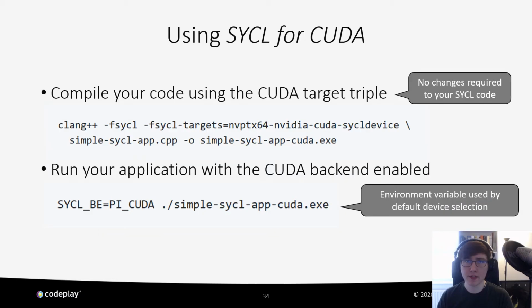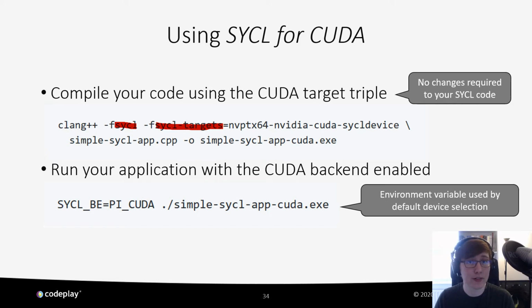So how do we use SYCL for CUDA? There actually isn't that much to it outside of a couple extra compiler flags and environment variables. No changes are necessary to your project's SYCL source code. If you want to compile a simple test application, you only need to worry about these two flags, SYCL and SYCL targets. The first of which tells the compiler that your project is a SYCL application.